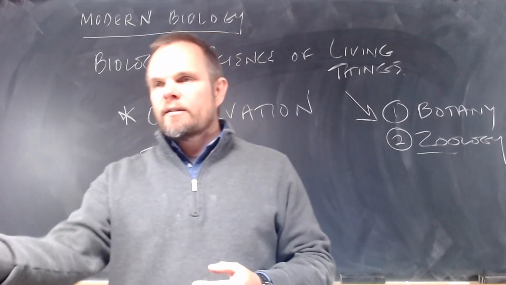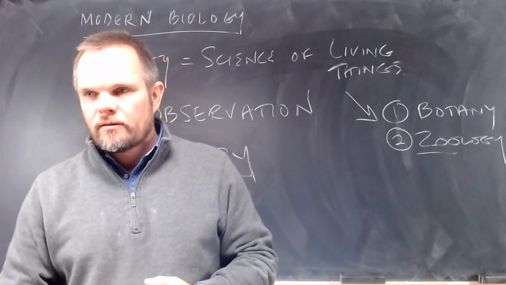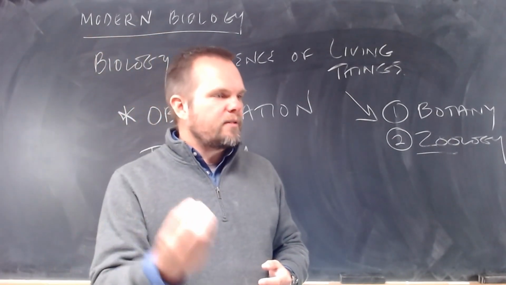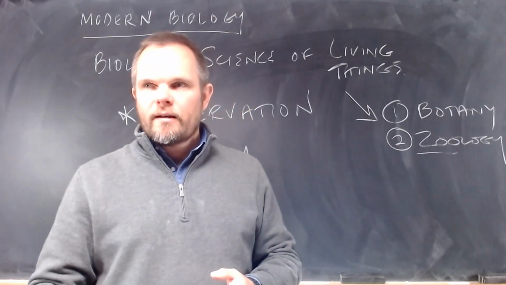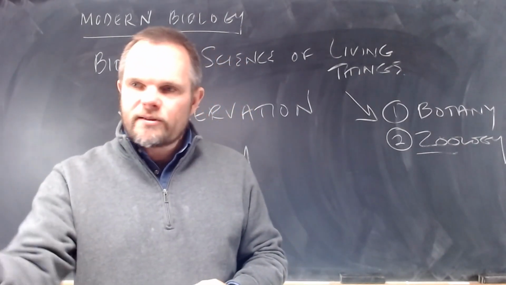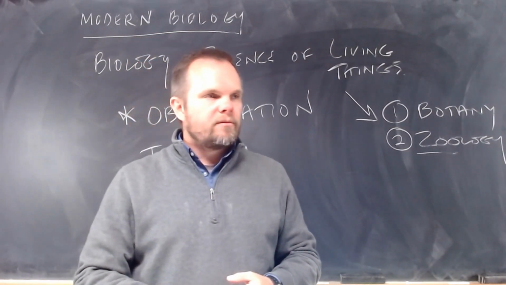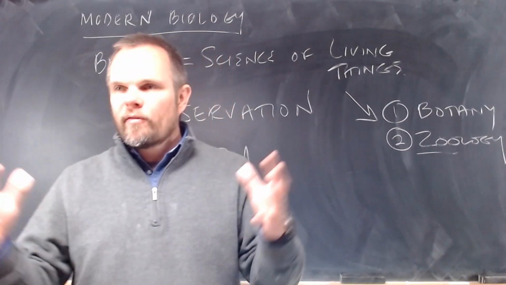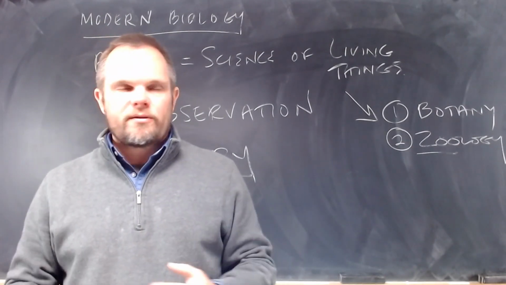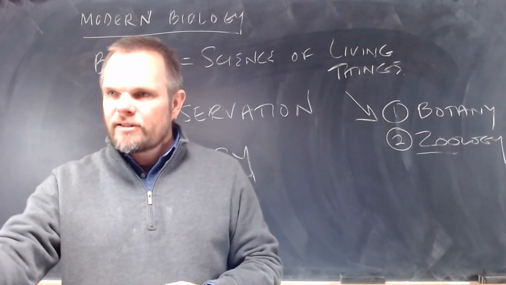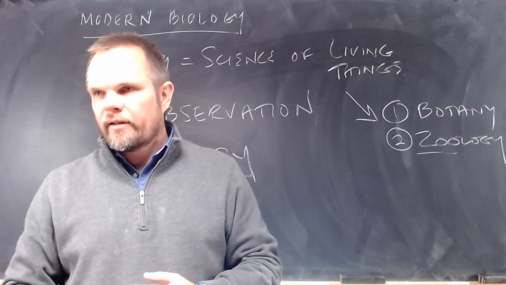If we want to conduct an experiment, we can't have 5,000 different changing variables. You understand that? If we want to know what causes the tomatoes to grow better, we can't have 1,000 different changing variables. We have to be able to isolate causes of things.